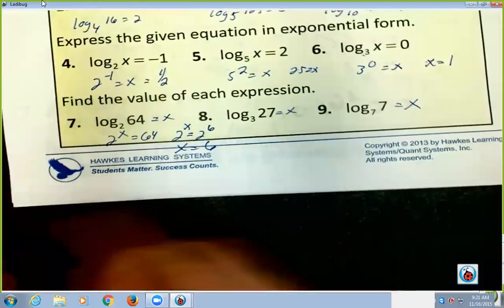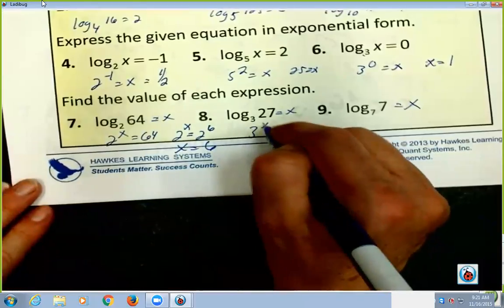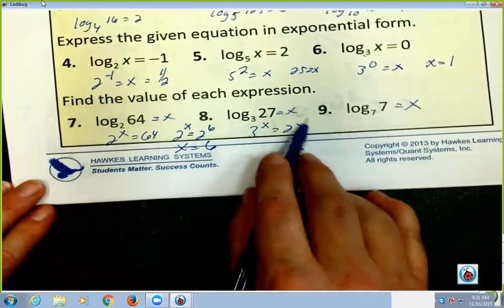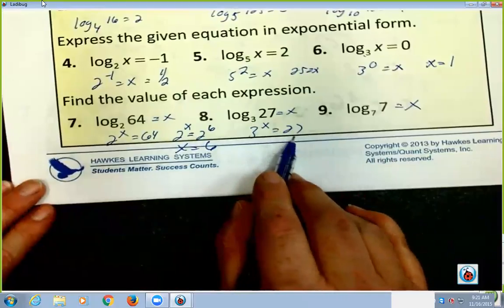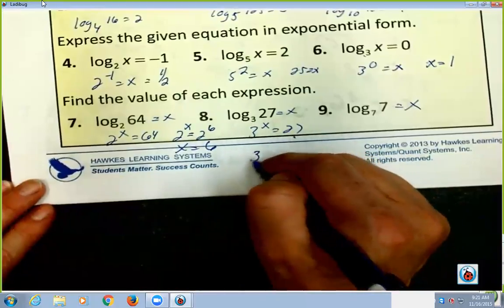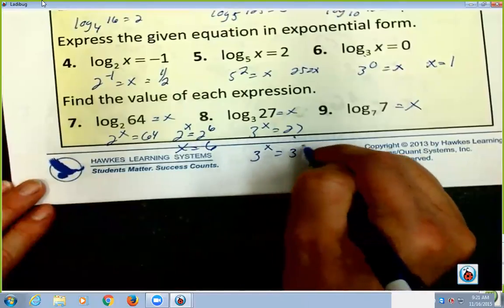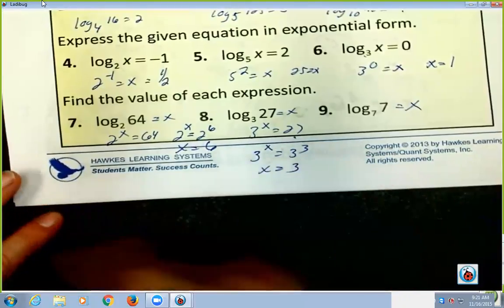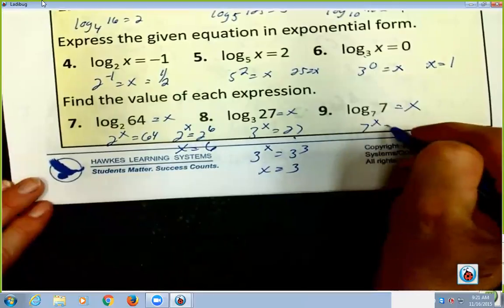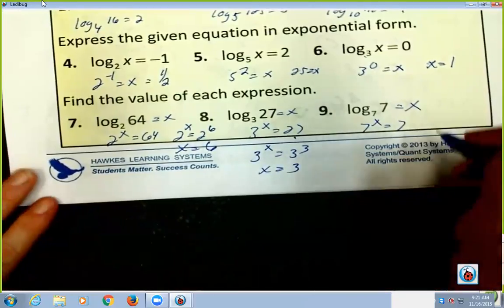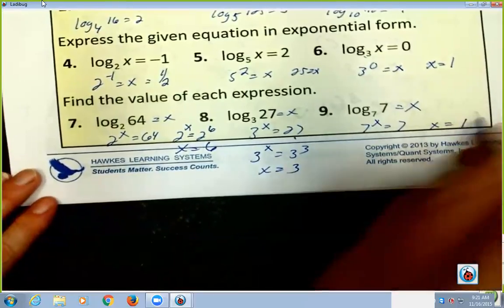This one, 3 to the x is equal to 27. So 27 is 3 times 3 times 3, or 3 to the 3rd power. So x equals 3. And finally, 7 to the x equals 7, so x must be 1.